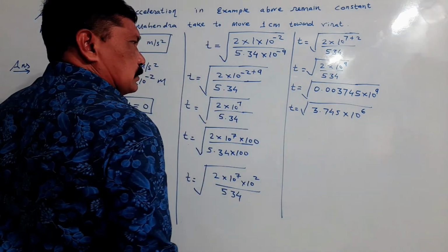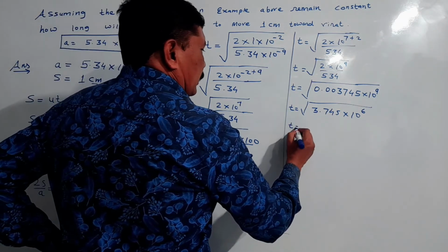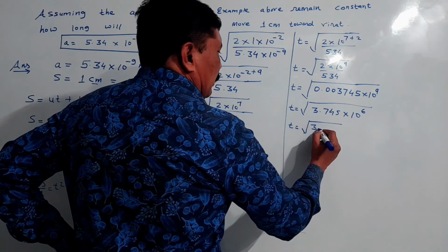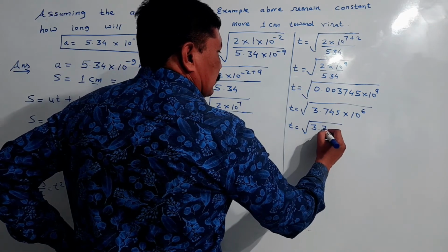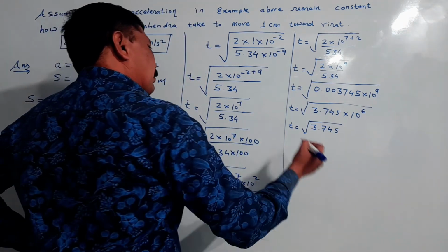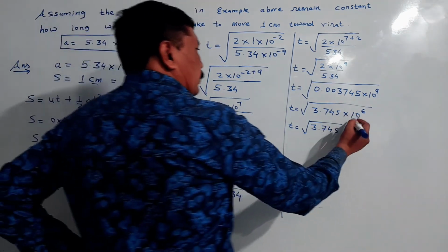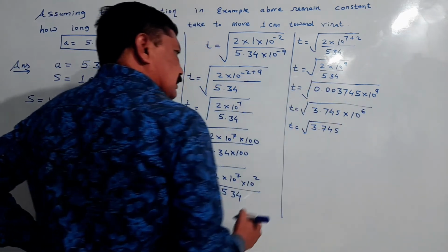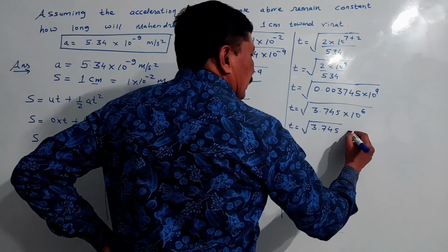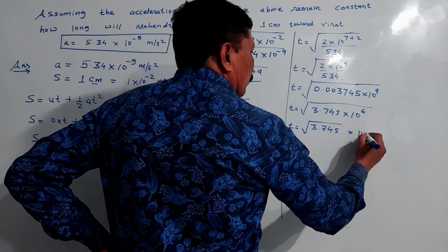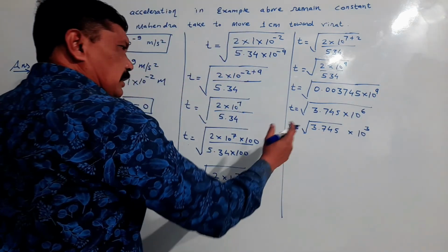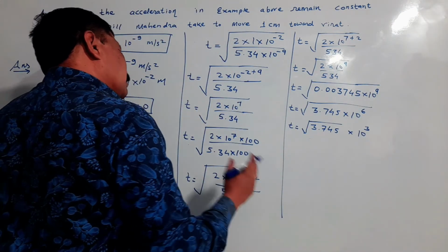Now t is equal to under root 3.745 we can keep under the root, and 10 to the power 6 we can take outside the root, and we can write here into 10 to the power 3. Now my dear student, we have to find the root of 3.745.